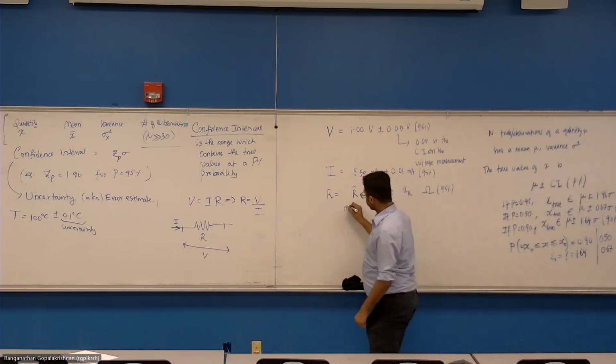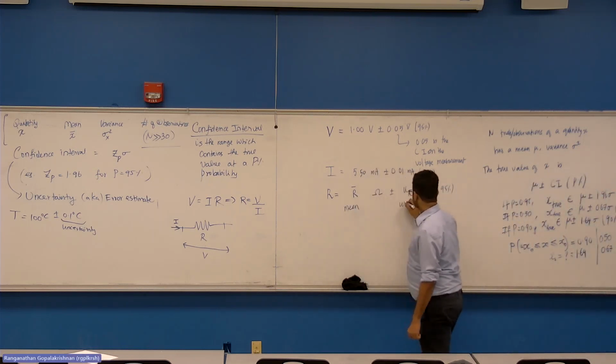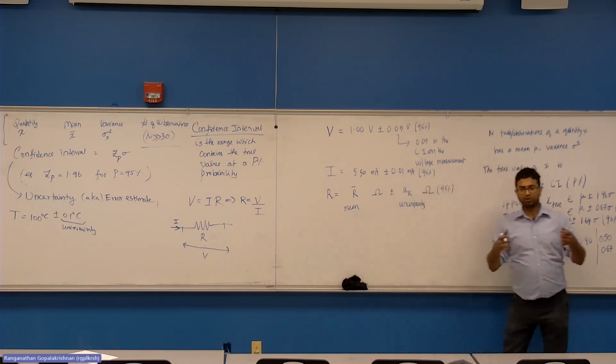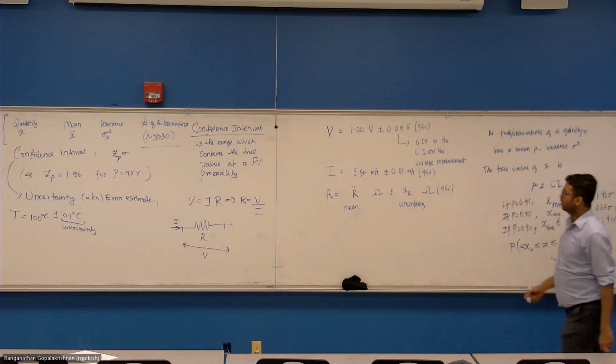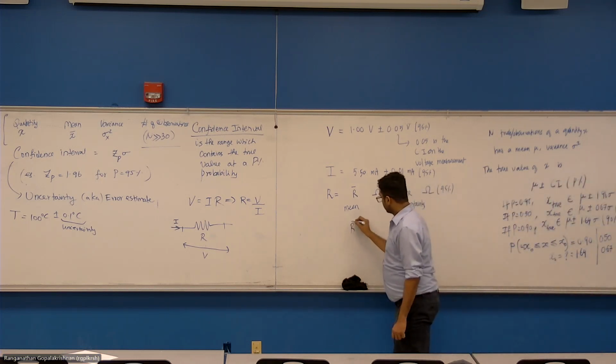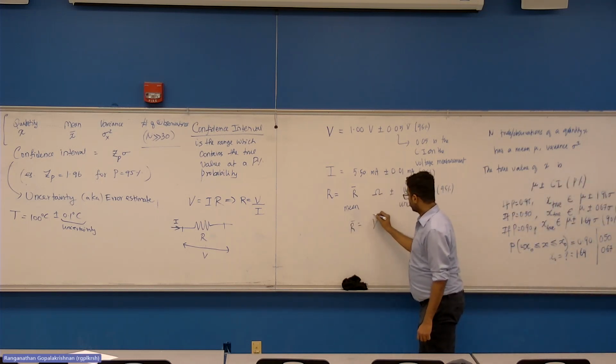Mean, uncertainty. Uncertainty is the range about which the true value is likely to be found, or another word for confidence. Mean is pretty easy. You just take the mean value of the voltage divided by the mean value of the current.